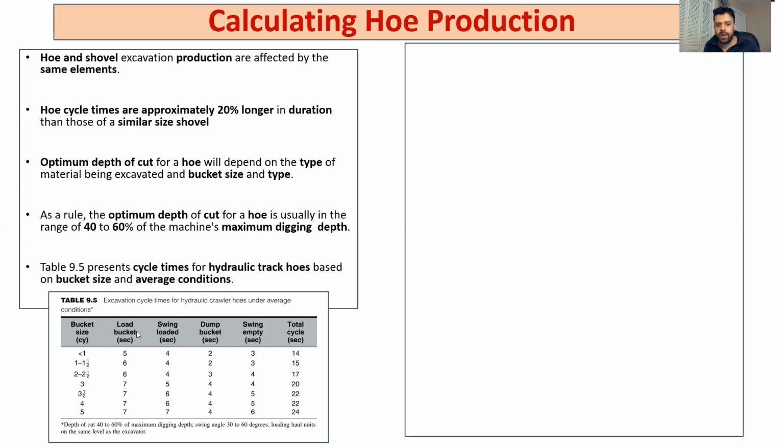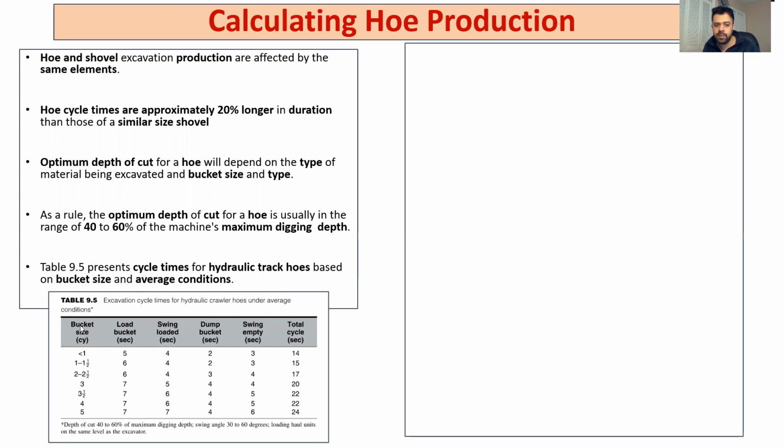You're talking about loading, okay? Swinging after loading, then you need to dump, and then you need to swing back. The summation of all of this will give you the total cycle time.